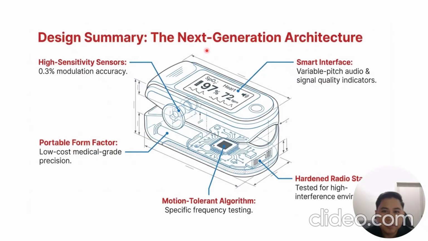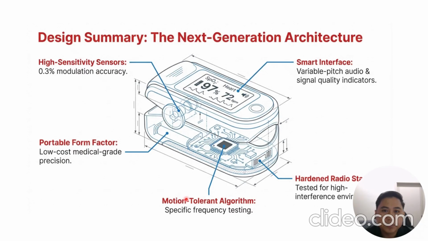This final slide summarizes the proposed technical specification for this new design. Here we have high sensitivity sensors to address low perfusion. We propose a sensor capable of verifying accuracy even at 0.3% signal modulation. And then the motion tolerance algorithm.